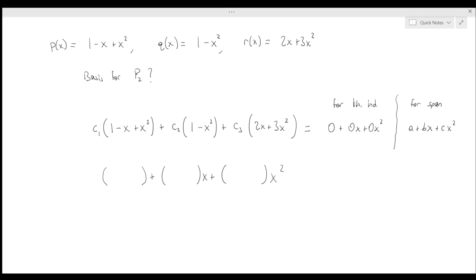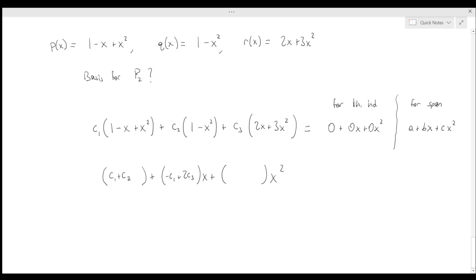So looking at the constant terms, we're going to have a C1 plus a C2, and that's it. For the terms with an x, we're going to have minus C1 x, and then plus 2 C3 x, okay?